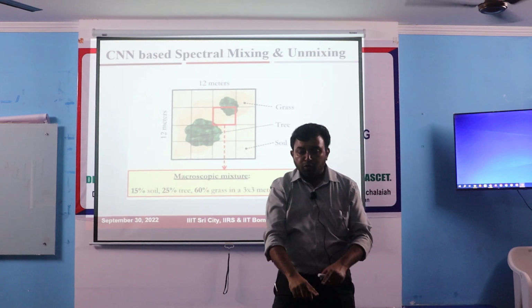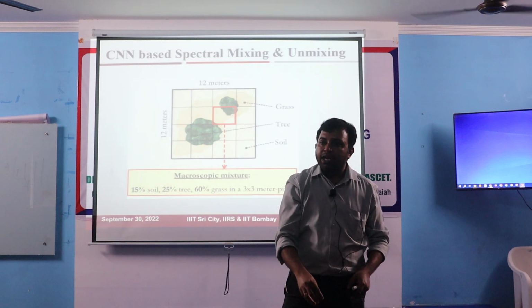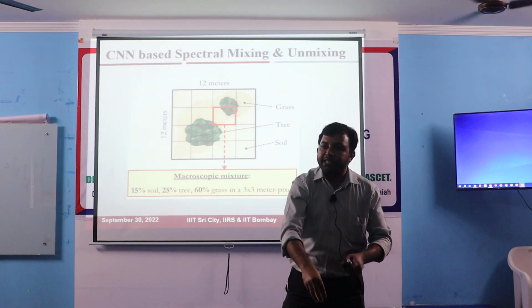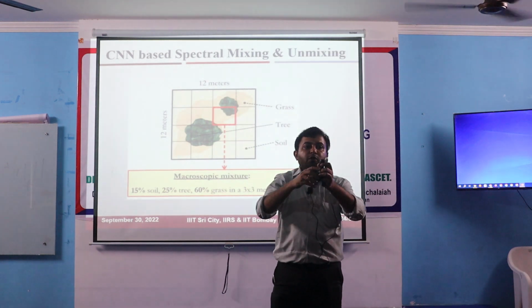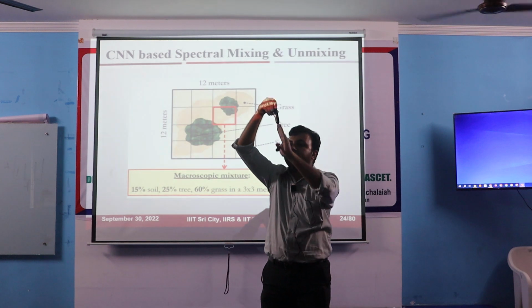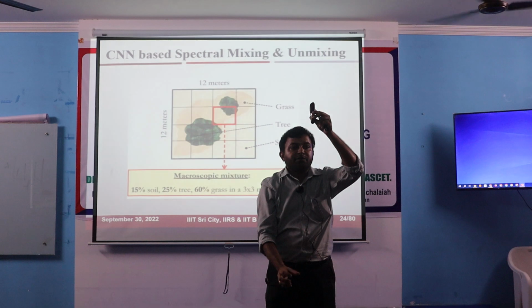But if we have two materials in the same pixel, the reflected rays from material 1 and material 2 will travel through the atmosphere, and by the time they reach the sensor, both of them will be mixing together as one. So this is called spectral mixing.